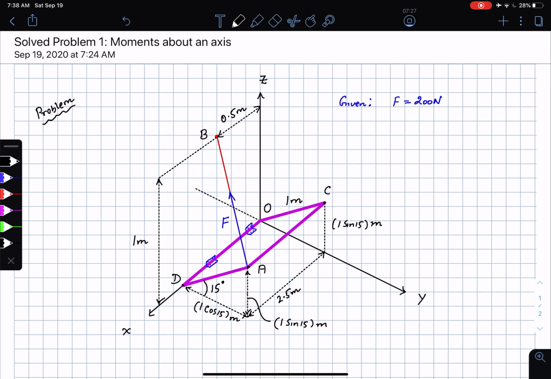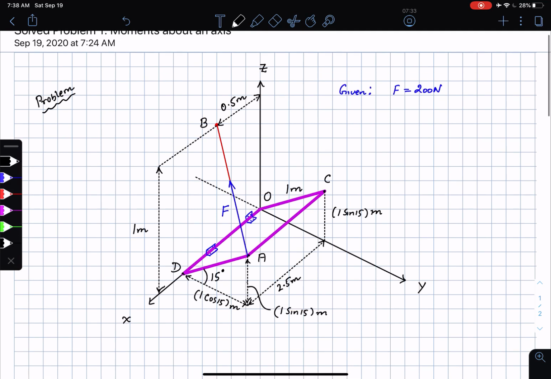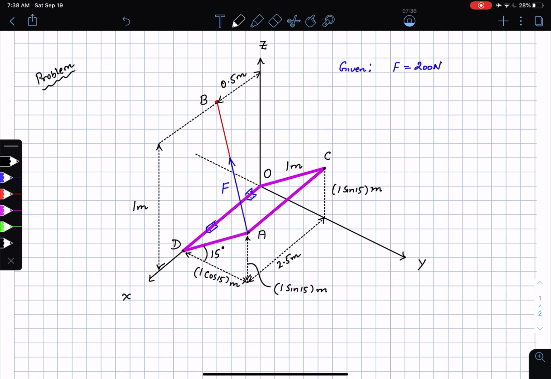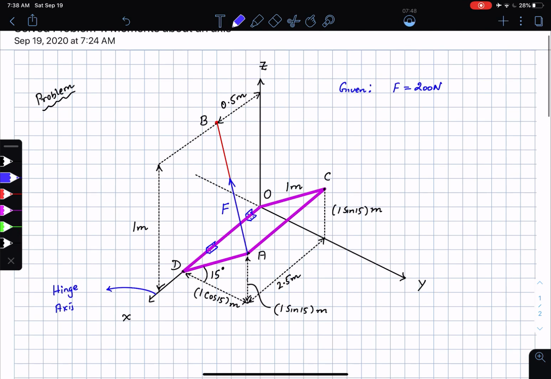Okay, so the x-axis is also called the hinge axis, because that is where the hinges are present, as you can see. So let me mark that out. This x-axis is also the hinge axis, where the hinges are present, which are drawn in this blue color. Okay, so I hope the problem is clear to all of you in terms of how the drawing is done.